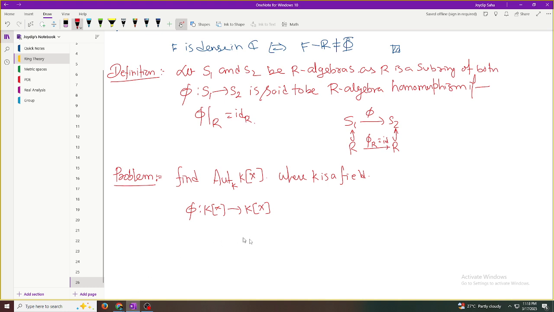Okay. So you have to find all automorphisms phi from k[x] to k[x] such that phi restricted to k is identity.